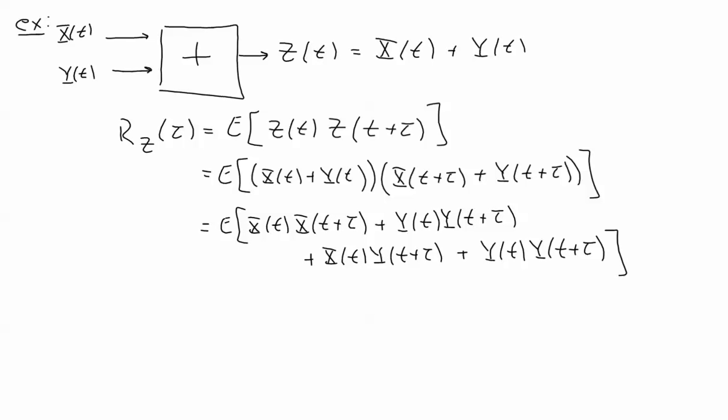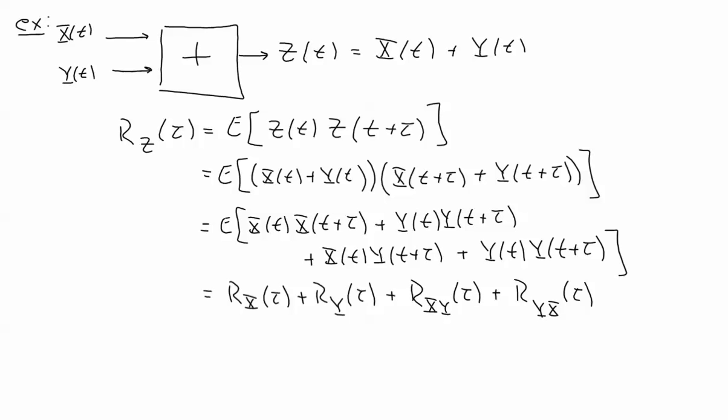All right. And then we keep in mind that the expectation of a sum is the sum of expectations. And we get the autocorrelation of x plus the autocorrelation of y plus two cross-correlation terms, r x y plus r sub y x.